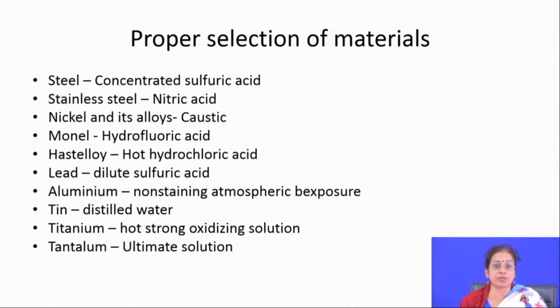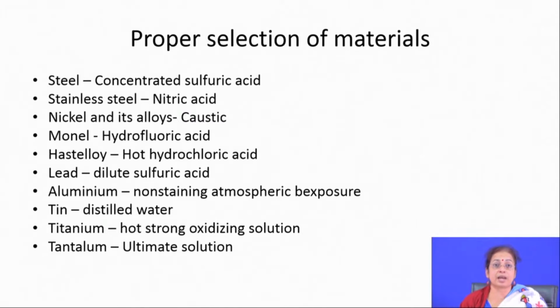Tantalum is safe in all environments. So, this gives you a proper guideline for the choice of material, particularly for the case when corrosion is a general corrosion based problem. But if it is a stress corrosion based problem, then you have to follow the chart for stress corrosion. If it is liquid metal embrittlement, you have to follow the chart for liquid metal embrittlement.